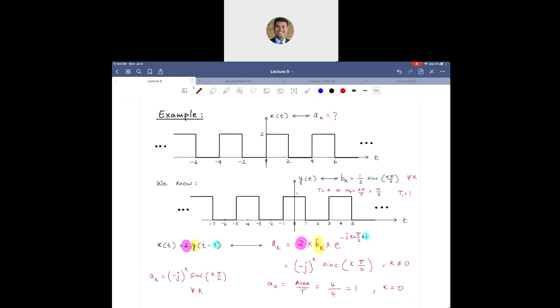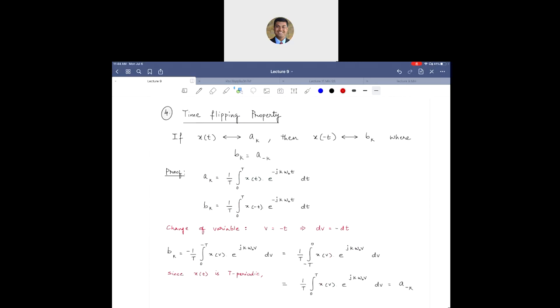Because when k is 0, this satisfies. So it is included. So that's the result. Sinc 0 is 1. All right, let's move on.